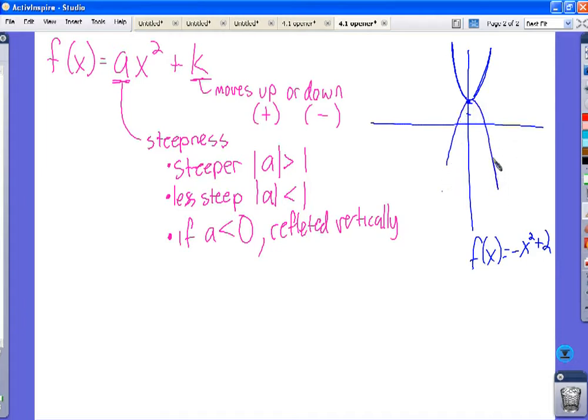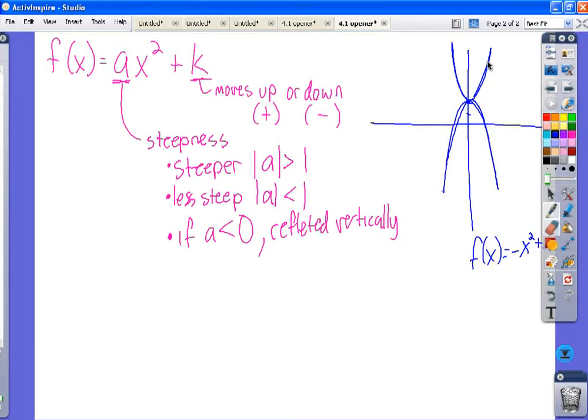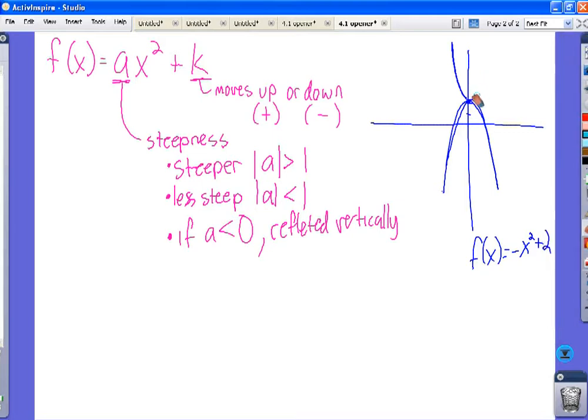It would be flipped over its own vertex, always. So wherever it is, it gets flipped over its vertex. Now, if you actually think about this, if you take a number and put it in for x, like 2, and you square it, then you make it negative, right?